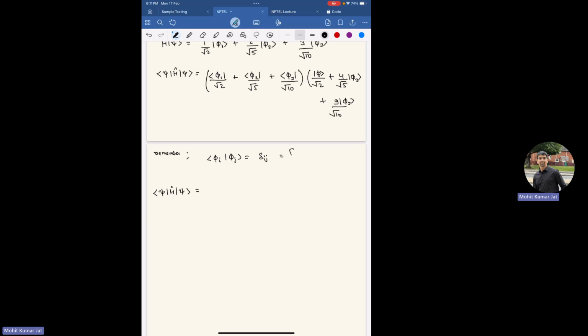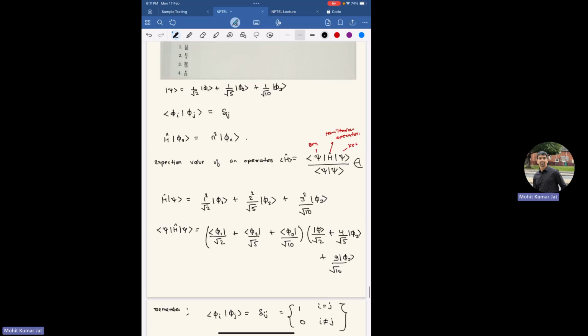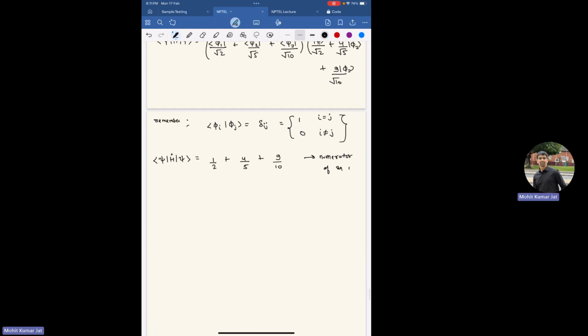Those who don't know, it will be 1 if i equals j, and if i is not equal to j, this value will be 0. That's what it means. So this gives 1 by 2 plus 4 by 5 plus 9 by 10. This is the numerator, let me call this equation 1. Equation 1, we have calculated.